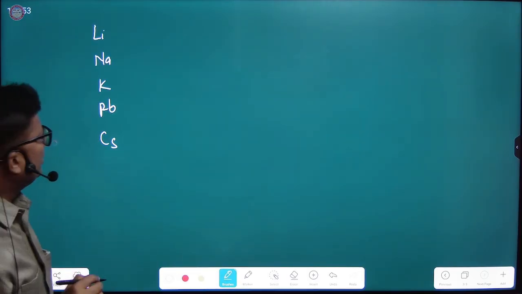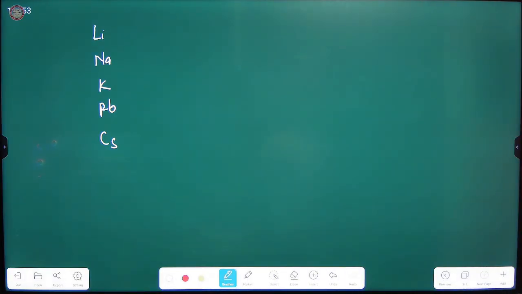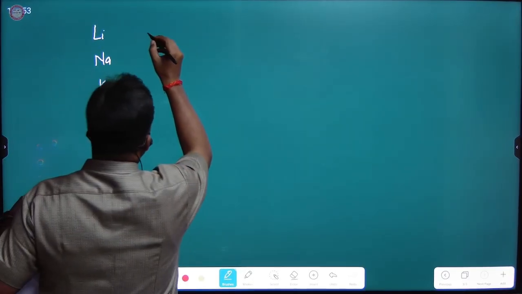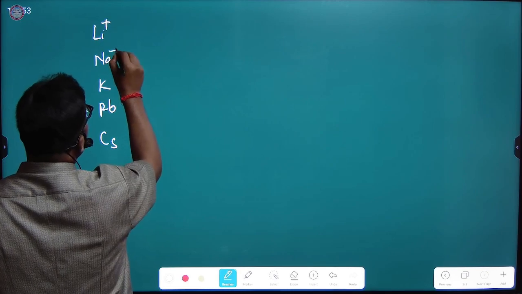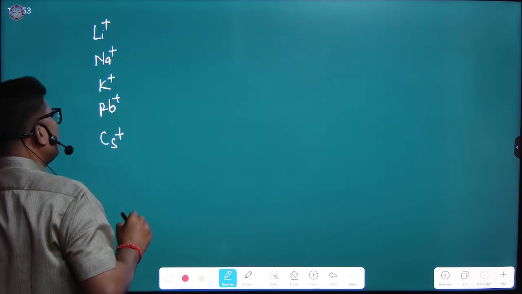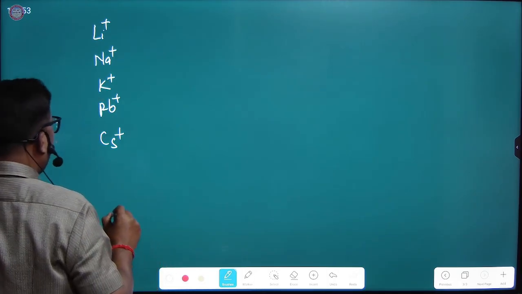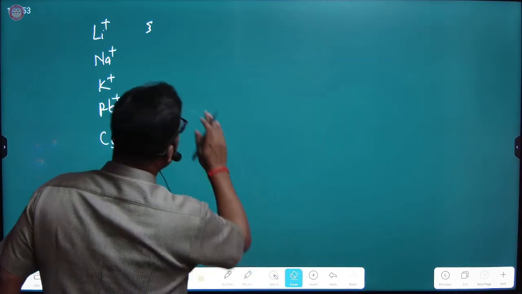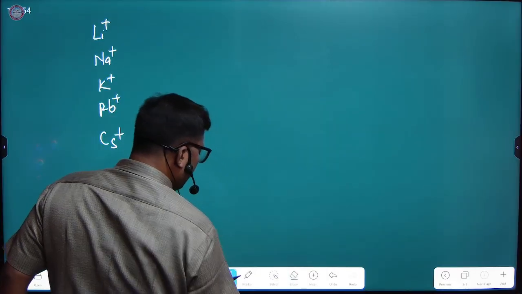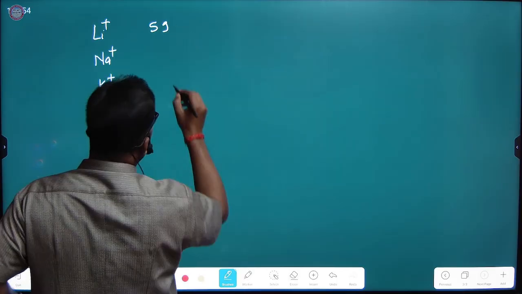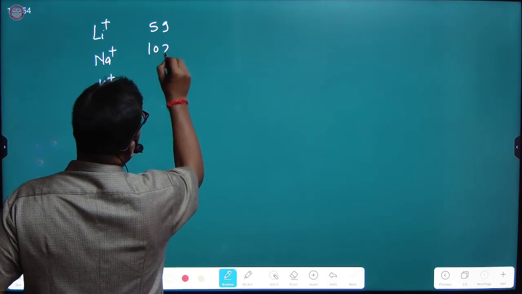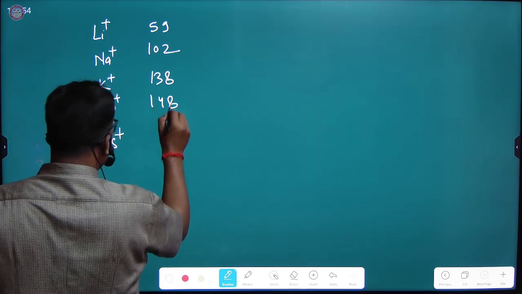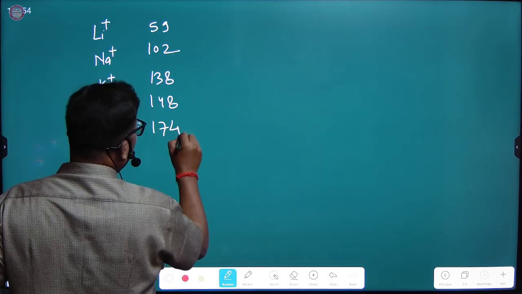The ionic radius of these cations in the ionic phase: the radius of Li plus is 59 picometer, Na plus 102 picometer, K plus 138 picometer, Rb plus 148 picometer and Cs plus 174 picometer.